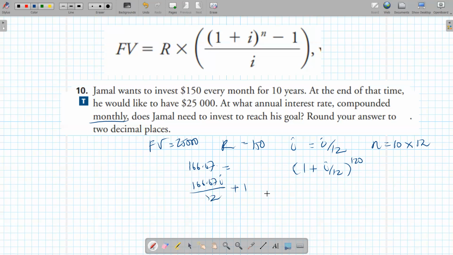If you look at this, we have an unknown up here, but we also have an unknown down there, okay? What this means is mathematically, this is going to be very difficult. You could try opening this bracket and do it like that, but that's going to take a very, very long time. So in annuities, when the I value is missing, things become very, very difficult, okay?